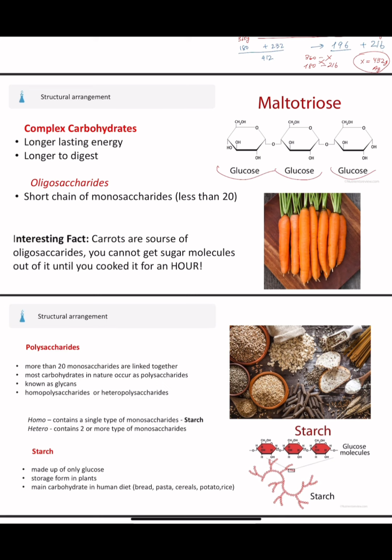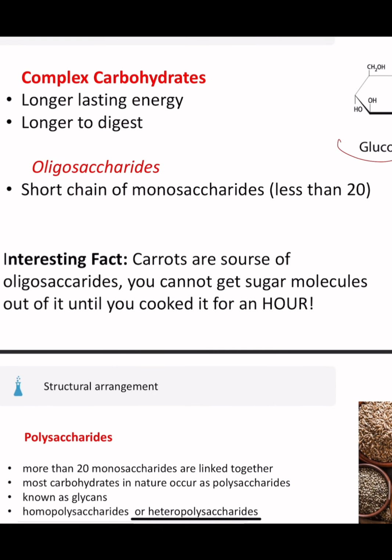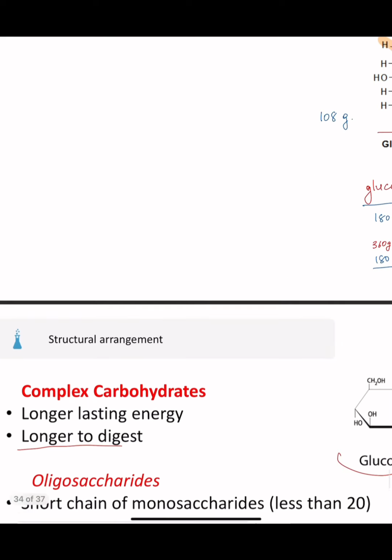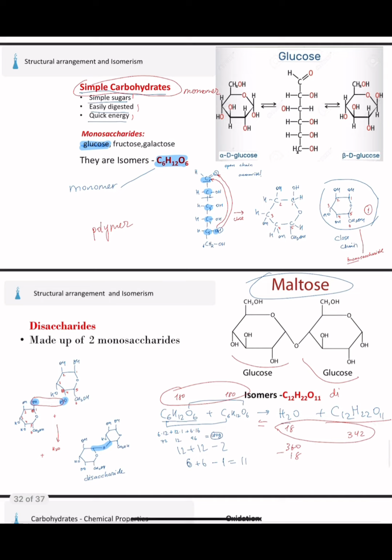Okay, so now about these complex carbohydrates, you see we have lots of them added up together. The reason complex carbohydrates are complex is because they have lots of monomers. For example, they are longer, which is why it's harder for us to digest them. For example, when you eat glucose, like something sugary, let's say a chocolate, right away you feel energized, right?